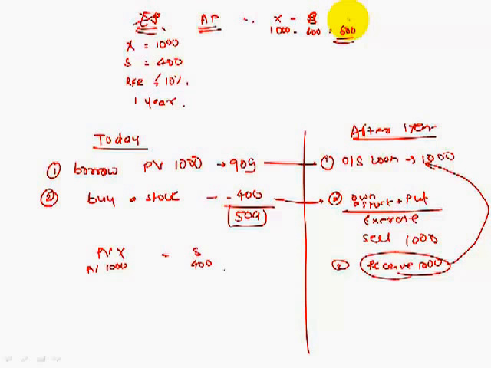So write down below that with immediate exercise of American put, the amount of benefit will be rupees 600.